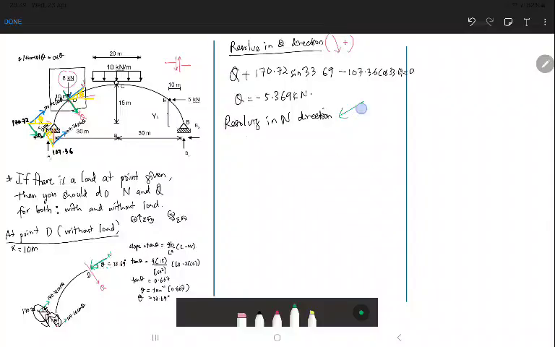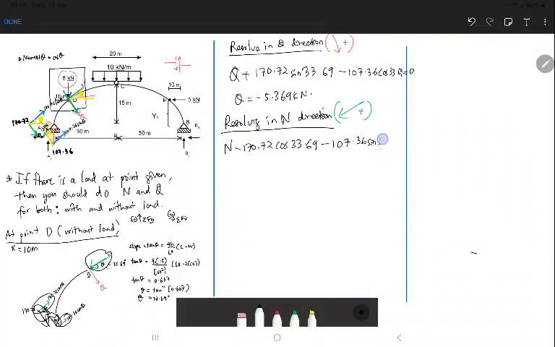So you got N positive, minus 170.72 cos 33.69, and then in this direction also, so minus 107.36 sin 33.69 equal to 0.